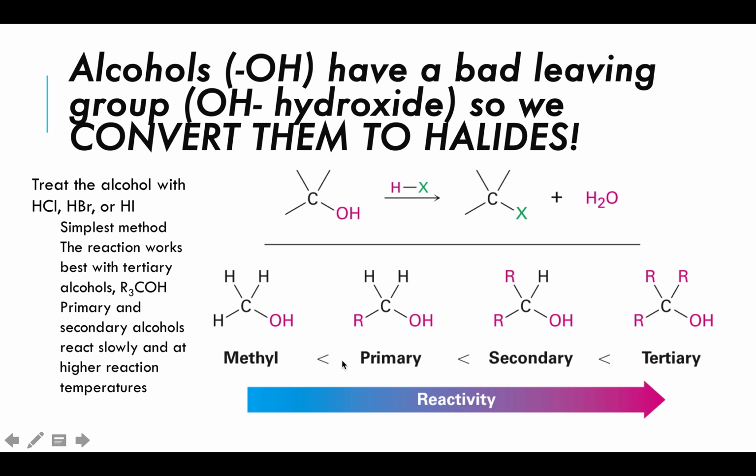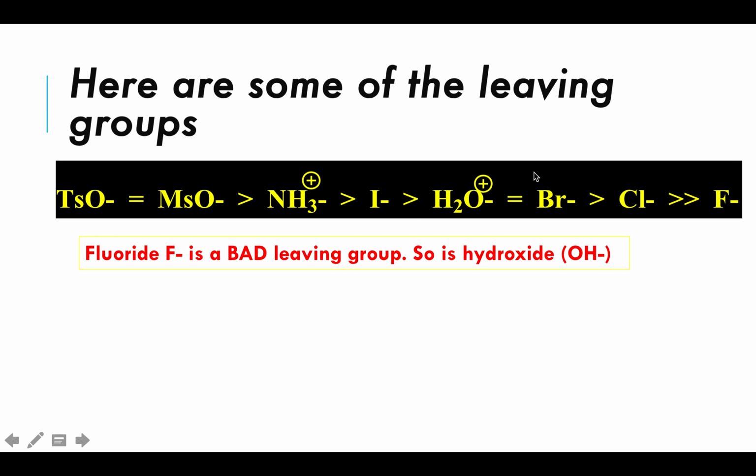Now, let's go back to this list first. Notice there's water here. Where does water come from? How is water a leaving group? Water also actually comes from alcohols. But there's a thing. For alcohols to be able to turn, let's say you have an ROH, into a good leaving group, which is water, they need to be in an acidic environment.